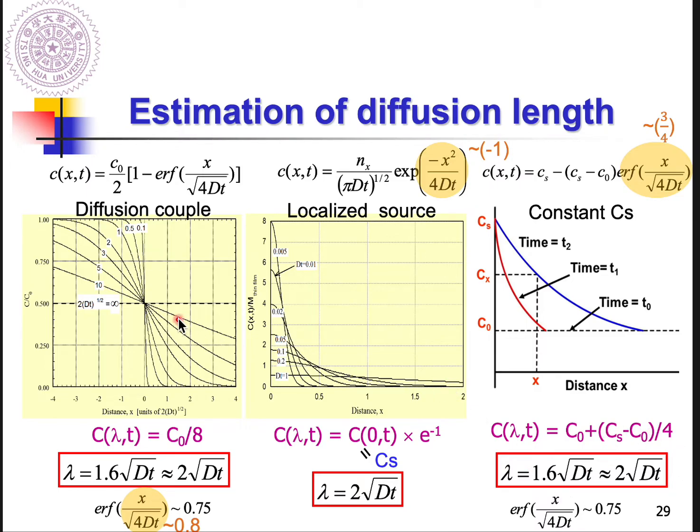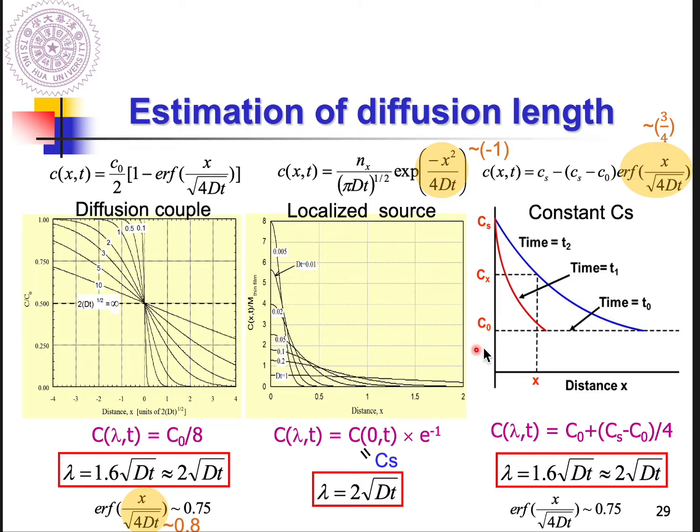Then you can check which one the concentration is most similar to, and you can say, oh, my diffusion pattern belongs to this one, or this one, right? So this is another approach if sometimes you are confused about which case to apply to your experiments.